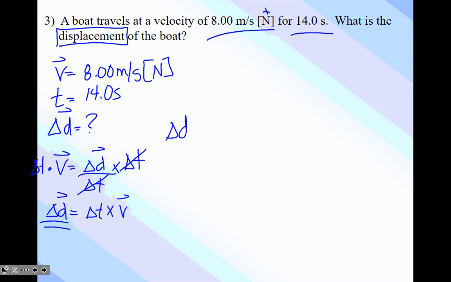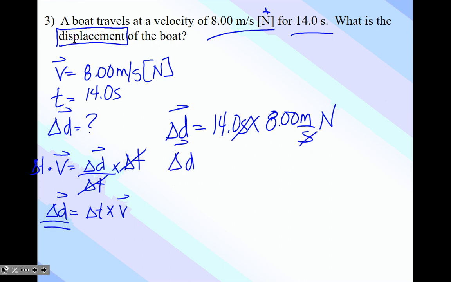So our change in displacement is equal to 14.0 seconds times 8 meters per second north. Okay, so the seconds cancel out. You see that, kiddos? So our displacement is equal then to 112 meters. And what's our direction? Our direction is north.